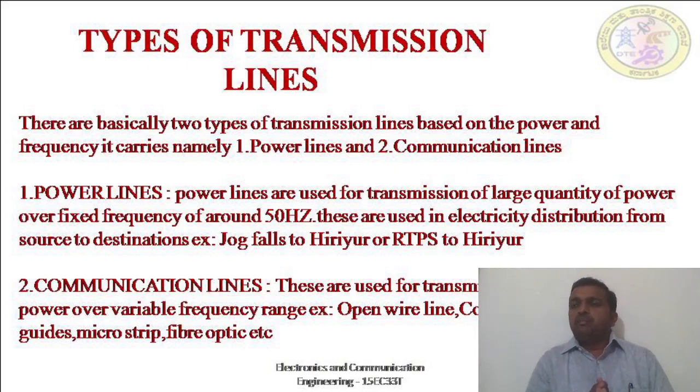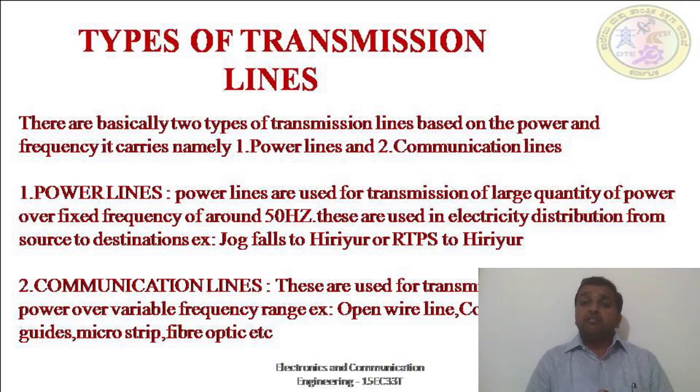In order to bring the power from that place to the consumer place, I need to have physical connections, that is with the help of transmission lines. Have it in mind, these power lines are majorly used for the distribution of electricity because they carry huge power, but the frequency will be almost in a fixed range of 50 Hz.